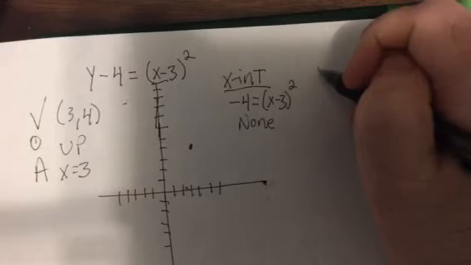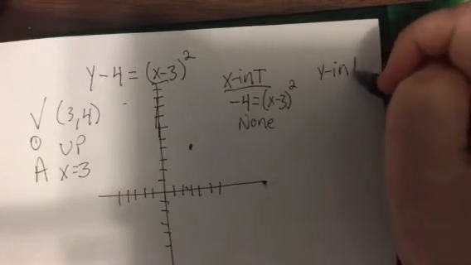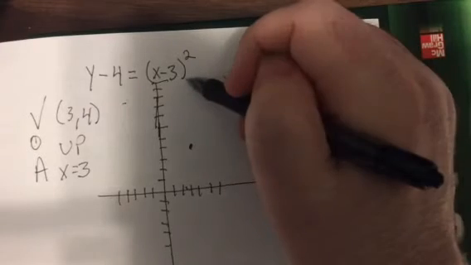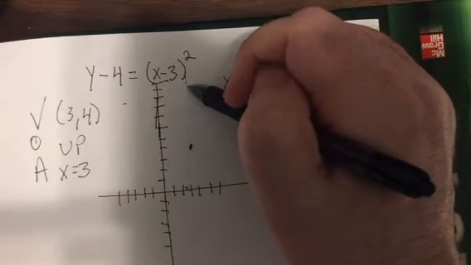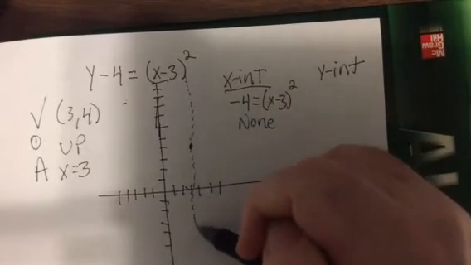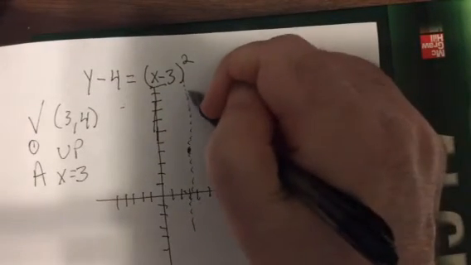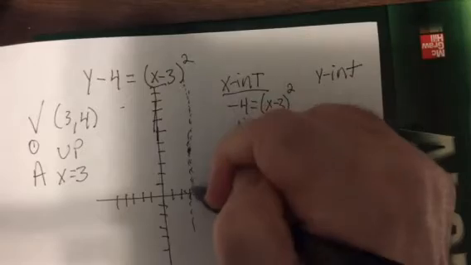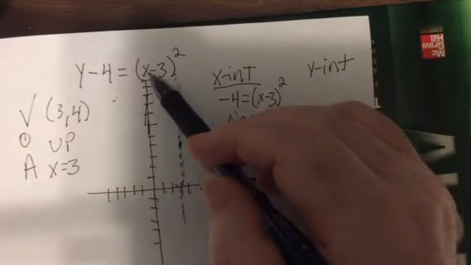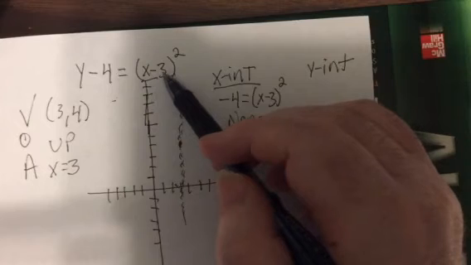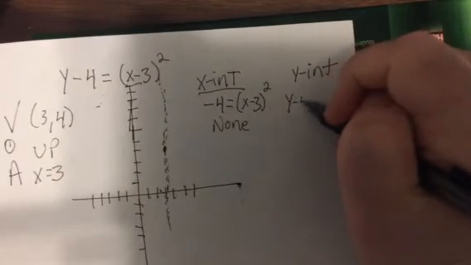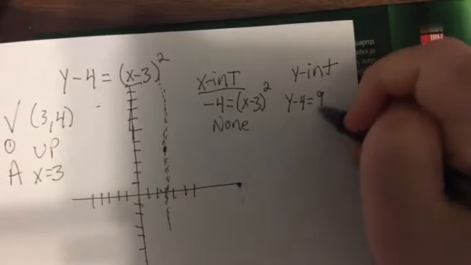But there should still be a y-intercept because it's opening up or down, and you have to touch it on one side. Okay, so for the y-intercept, put 0 in here. 0 minus 3 is negative 3. Squared is 9. y minus 4 equals 9.